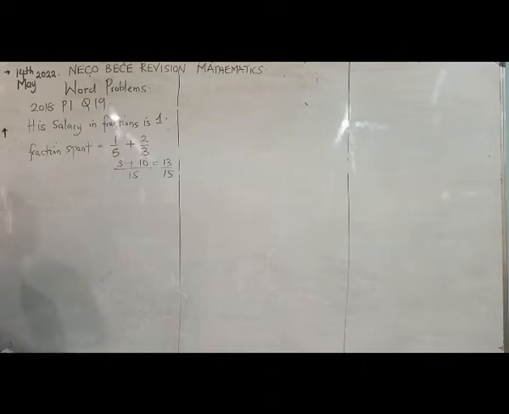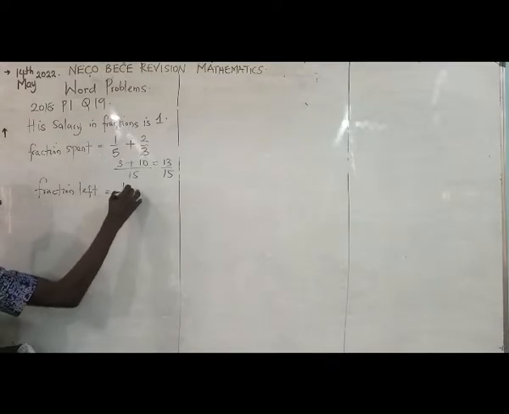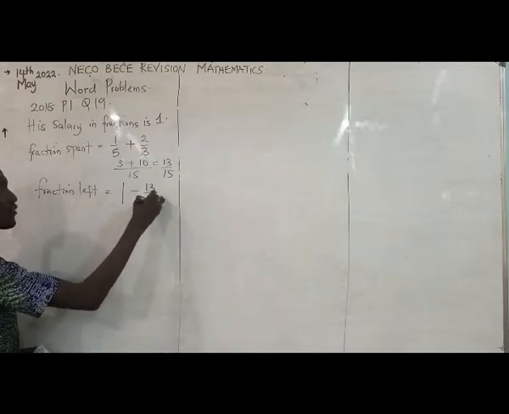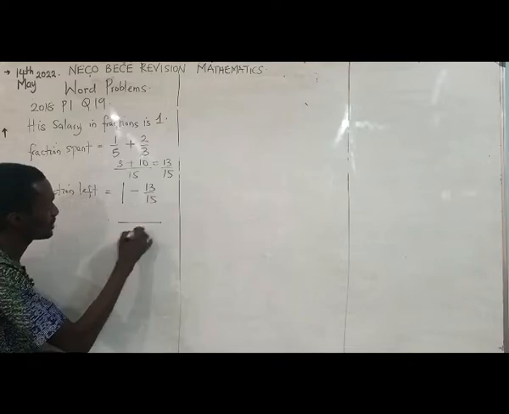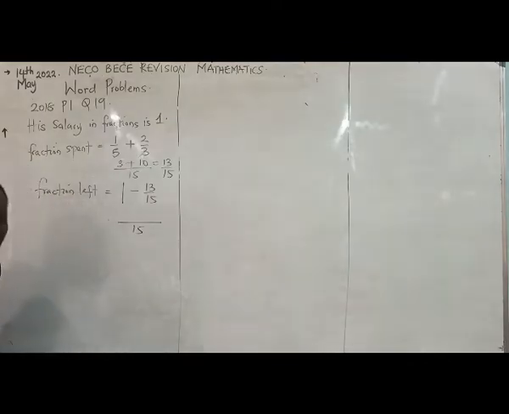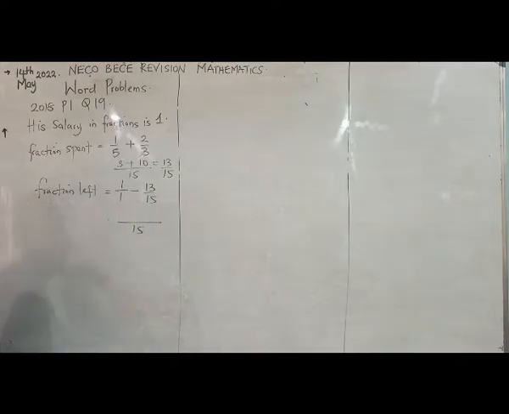Is that clear? So the fraction left will now be 1 minus 13/15. That will be the fraction left. Taking the LCD of 15, remember that every whole number is over 1.